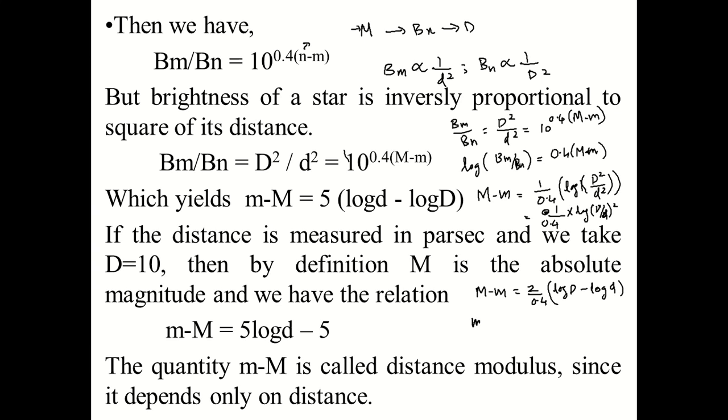Now small m minus capital M, multiplying both sides by minus, you will get 2 by 0.4, which is 5, into log d minus log D.